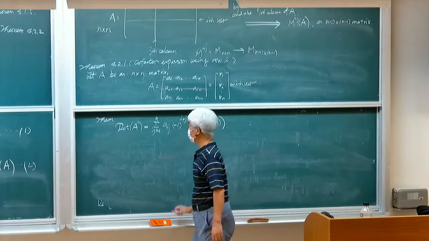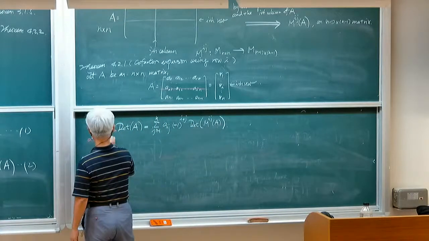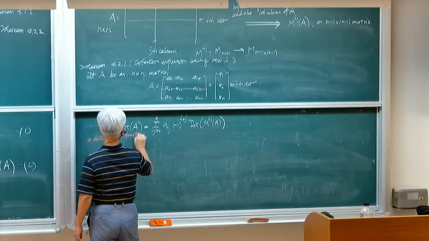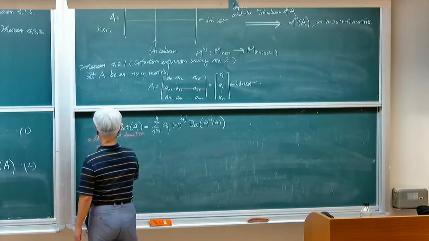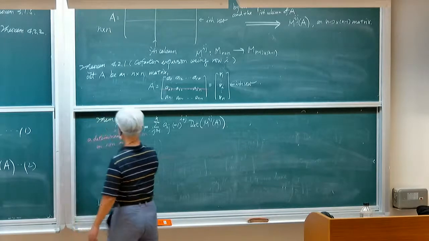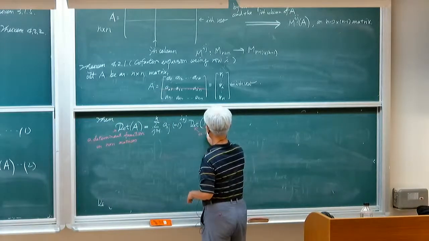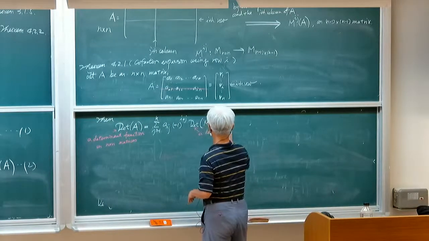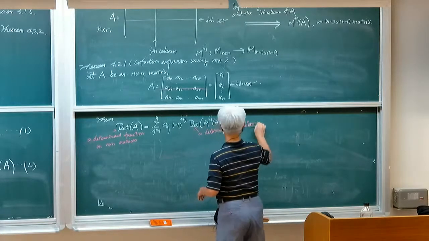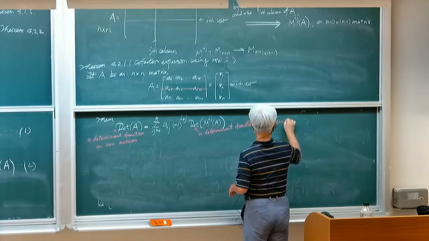Right? So again, this is a determinant function on n times n matrices. Right? Arbitrary determinant function. And again, this is a determinant function on (n-1) times (n-1) matrices.